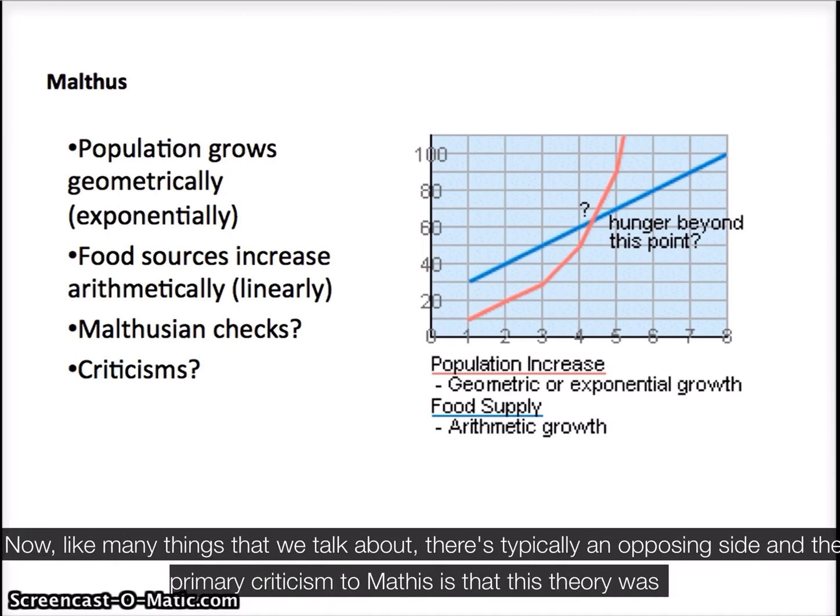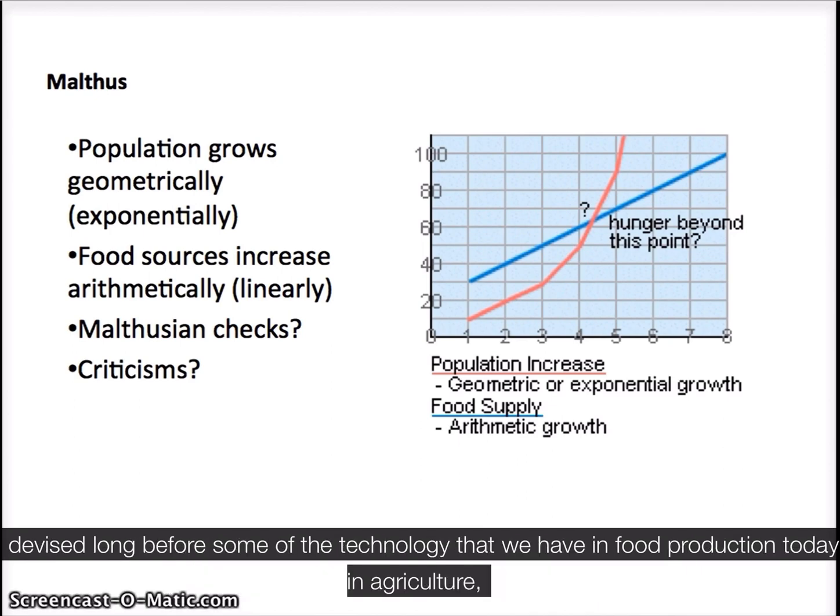Now, like many things that we talk about, there's typically an opposing side, and the primary criticism of Malthus is that this theory was devised long before some of the technology that we have in food production and agriculture.